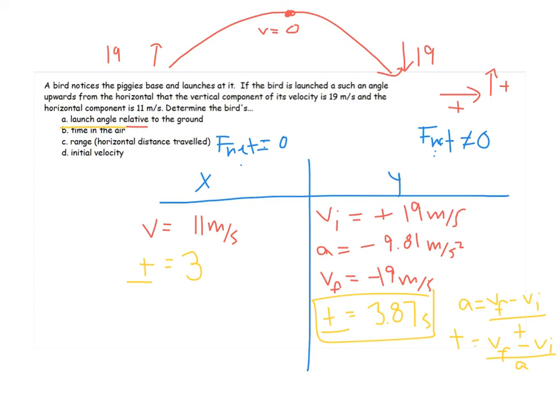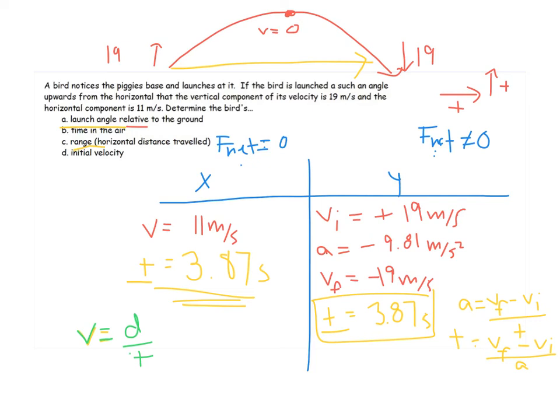Now, the important thing is that this is also the time in the x direction. So now I can move that time over here, and that allows me to answer this last question, the range. The range is how far it's traveled in that x direction. I know that in the x direction, it's going to undergo uniform motion, where my velocity is my distance over my time. I know my time.